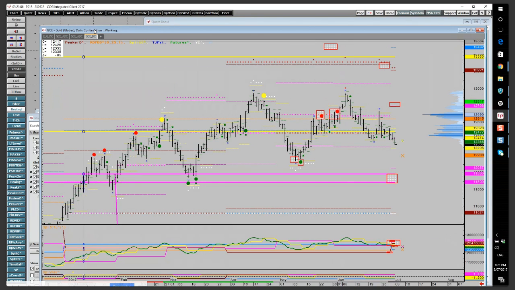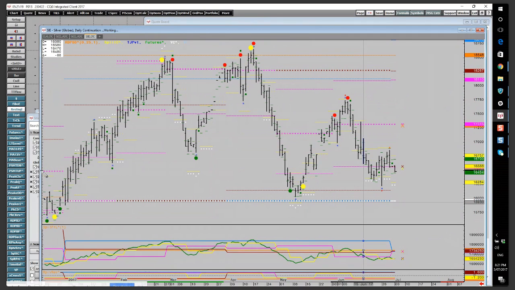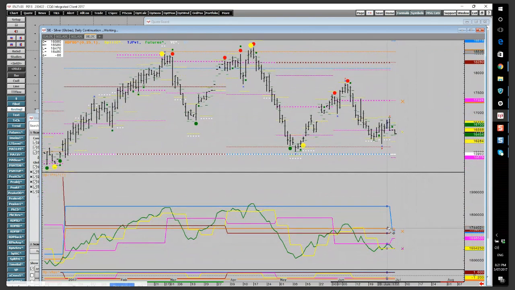Moving on to silver. Silver's somewhat similar. Let's just have a look first. Okay, when I look below, there's a very powerful confluence of timeframes right here.